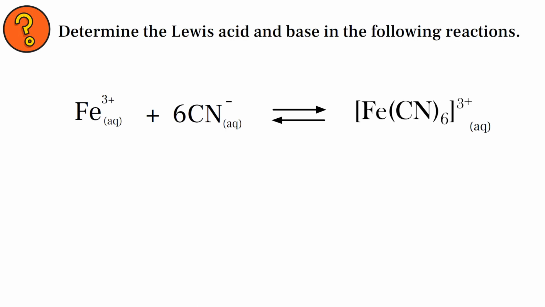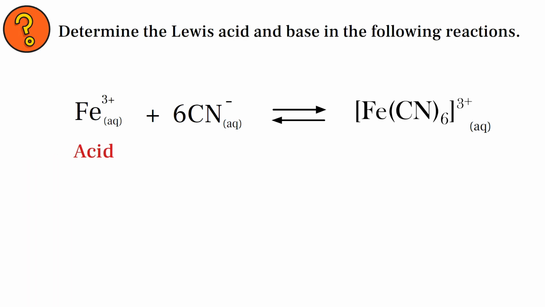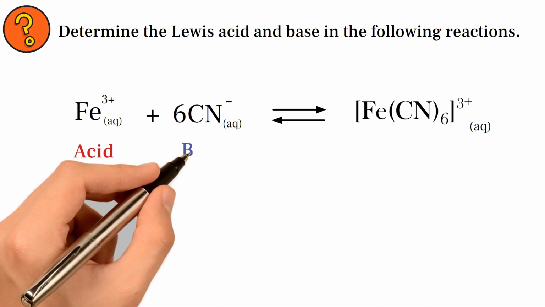In the first reaction, as we can see, the Fe+3 ion is one of the positive ions of transition metals, so it's a Lewis acid. The CN- ion will be the base.